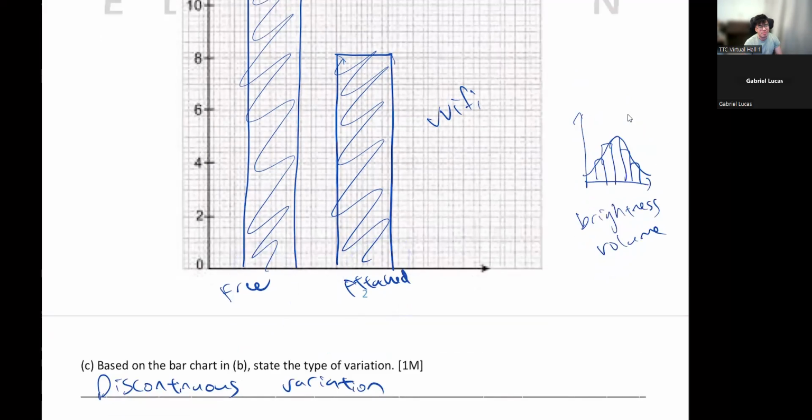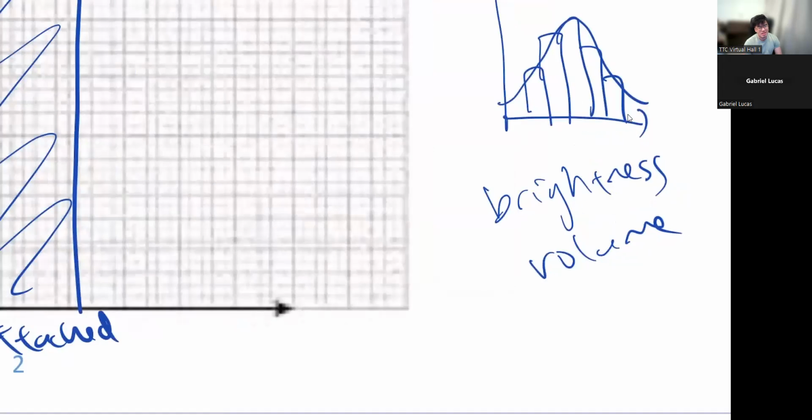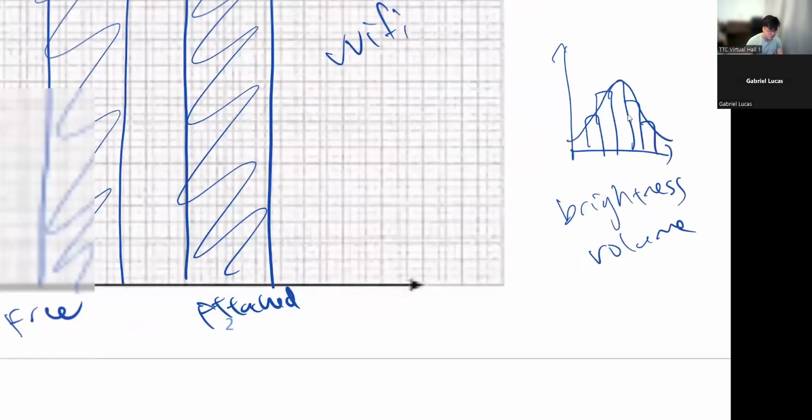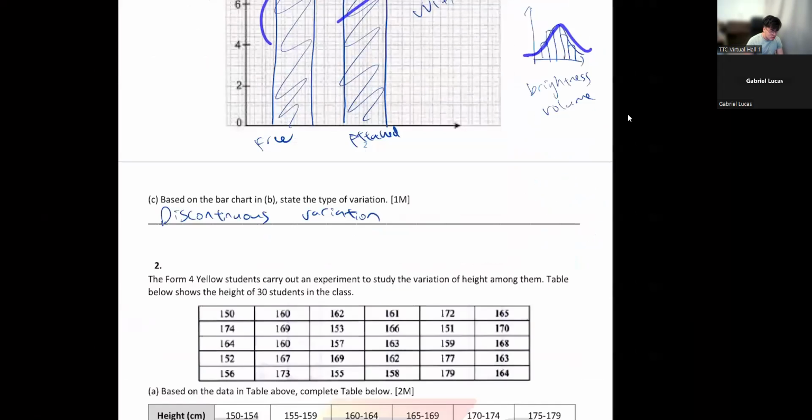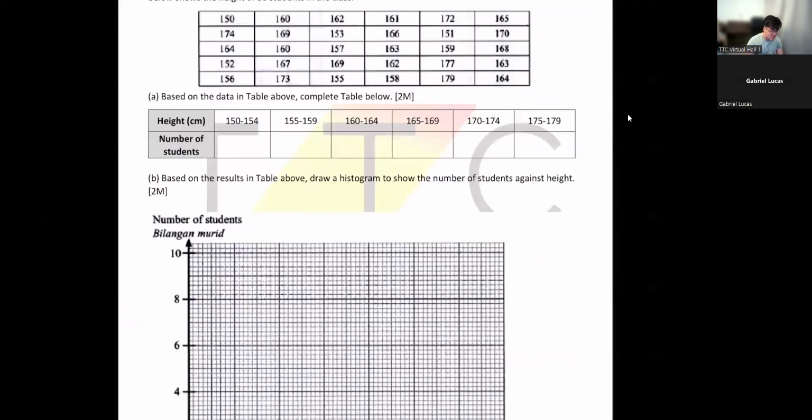You don't say my Wi-Fi is half switched on. Like, what do you mean? There's no half, right? It's either yes or no. So this is like brightness. It can be really bright and it can be really dark. So there's a range of it. So this is continuous value. This is non-continuous value. So your continuous variation will look like this.